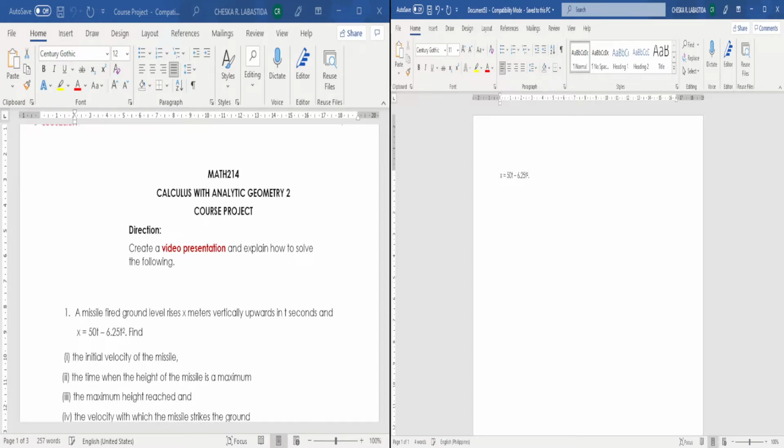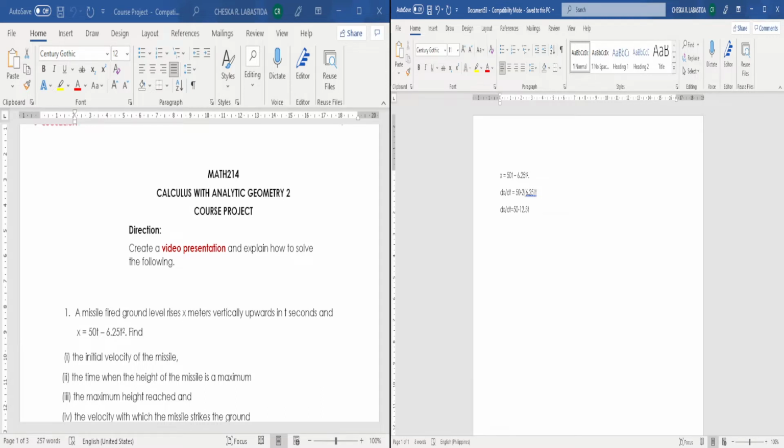So if we are looking for dx/dt, it should be 50 minus 2 times 6.25t. We multiply these, 2 and 6.25, so it should be 50 minus 12.5t.